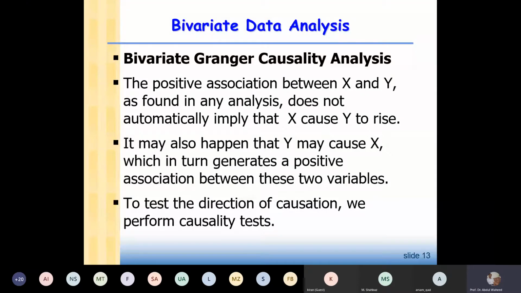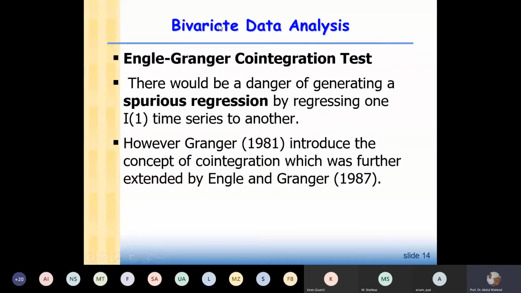So we are assuming that X is the cause and Y is the effect, that causality is unidirectional from X to Y. But to confirm this, we apply the bivariate Granger causality test. This is a proper test where I will apply it on EViews, and you will see how to interpret the result of this bivariate causality.